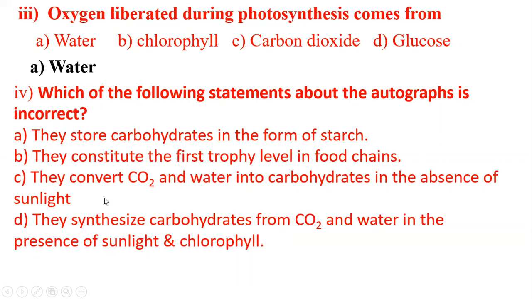Absence of sunlight, here you think. D: they synthesize carbohydrates from CO2 and water, of course, with the help of the raw materials for photosynthesis. Then think about C. Absence of sunlight, they may convert carbon dioxide into carbohydrates. Is it possible?